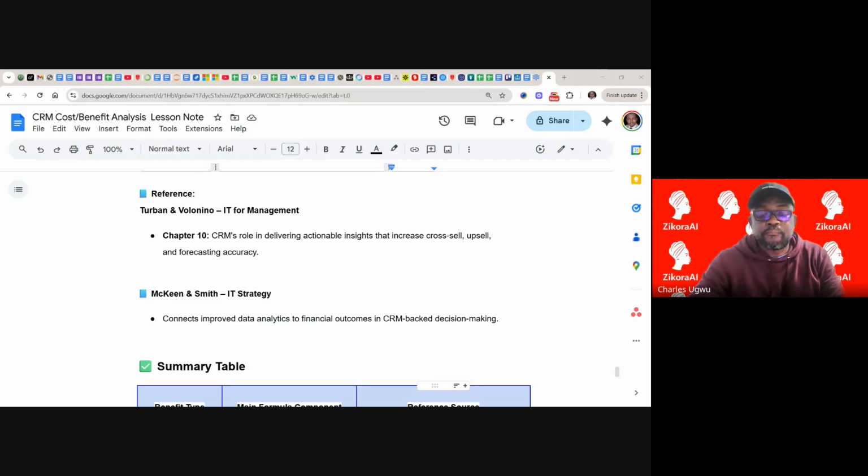If you want to understand the calculation very well, you have to read the notes very well. And if you want to look for those references, you see the sources, and I even quoted the pages and the chapters. So that is what you need to know about cost-benefit analysis.